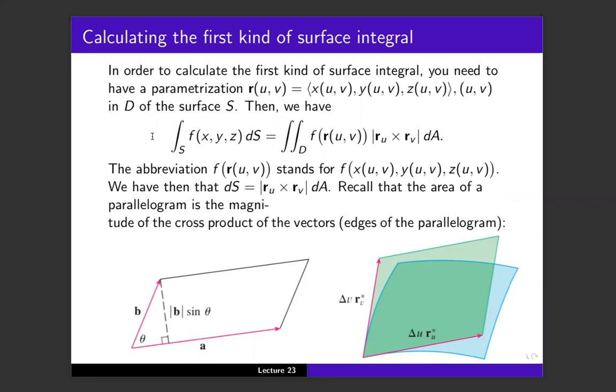Well, when you're approximating the surface area of some surface, you're going to approximate it using these parallelograms depending on your parameterization. So what we really want is a nice way of calculating the area of that parallelogram, and you do that using this cross product of the velocity vectors of these parameterizations, r_u cross r_v dA.